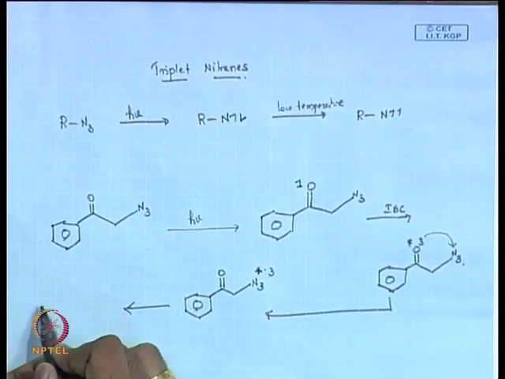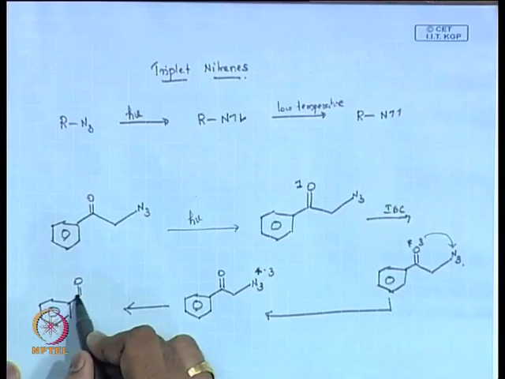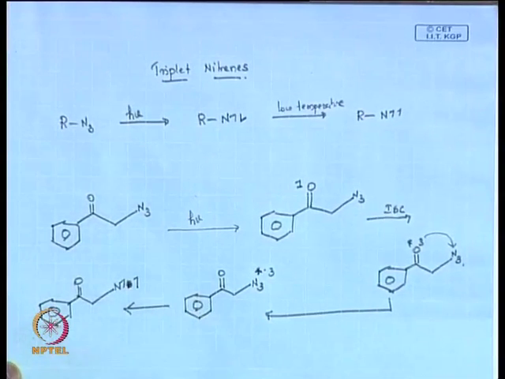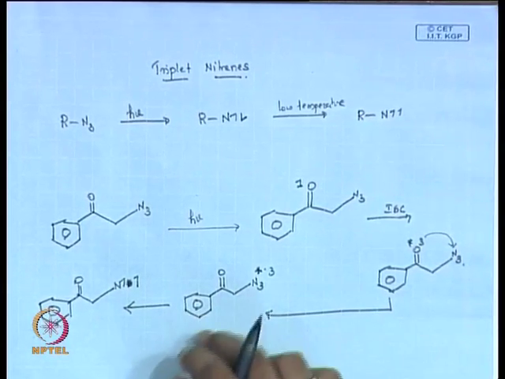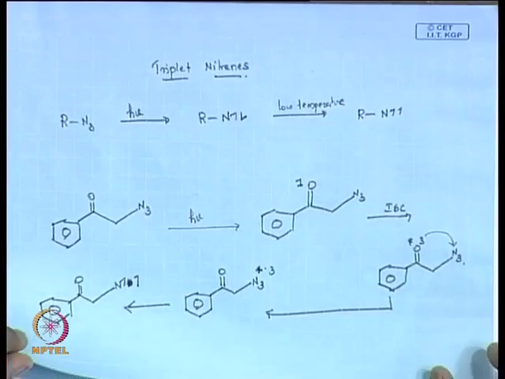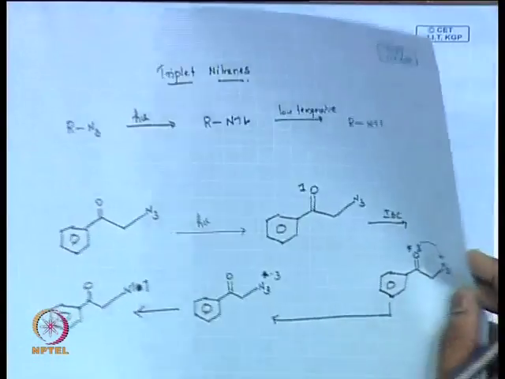So that will give me a triplet nitrene. So I can completely bypass my singlet. This is a very interesting process. So these are the two ways: one, you can take your singlet nitrene at low temperature and go to triplet, or you can use the energy transfer concept.